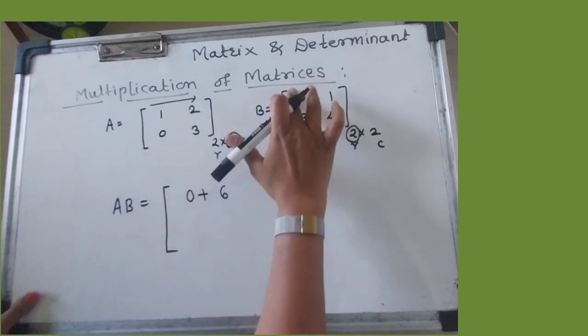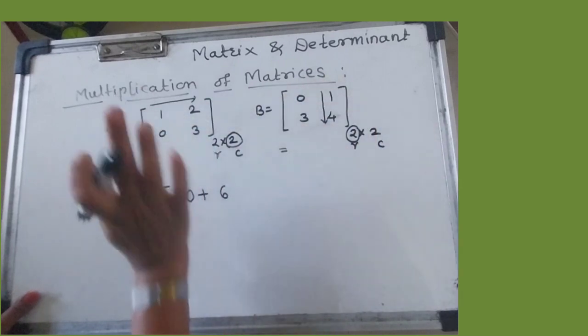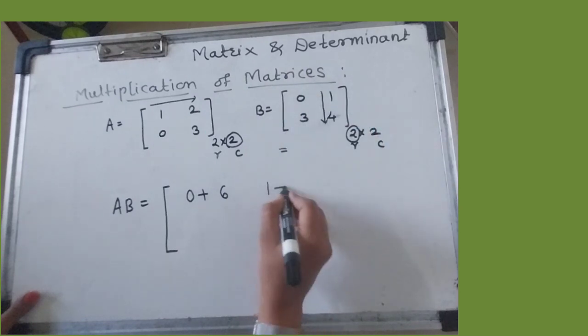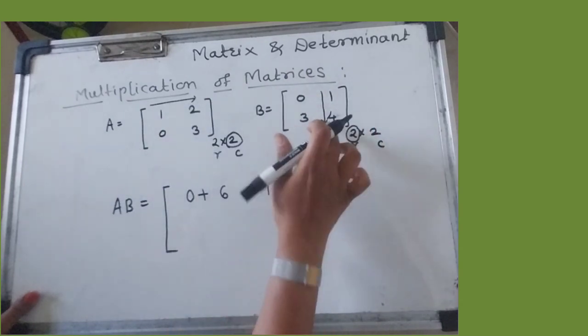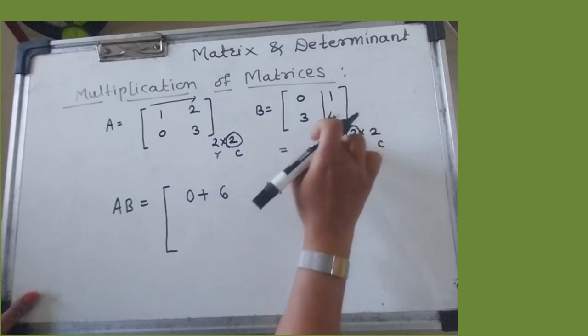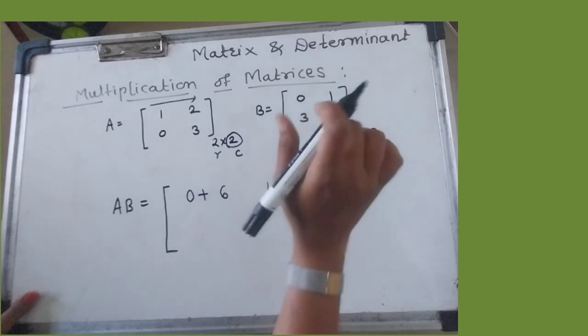Clear? Shift next column. Keep row as it is. 1 into 1, it is 1, plus 2 into 4, it is 8. Is there any column? No. Close the matrix.